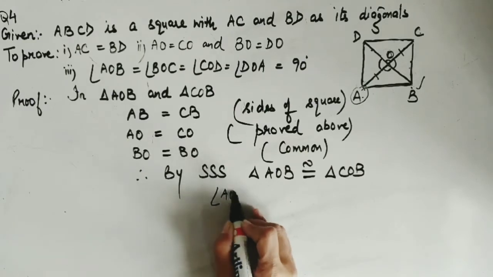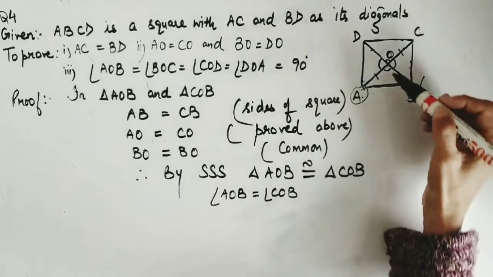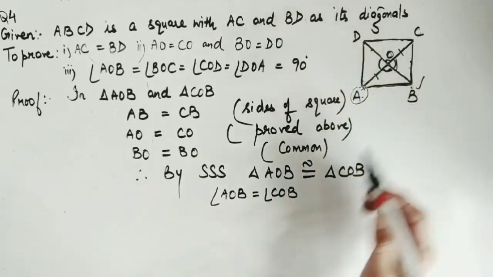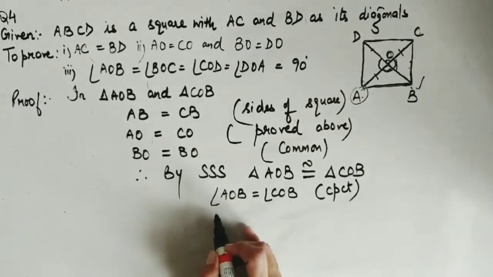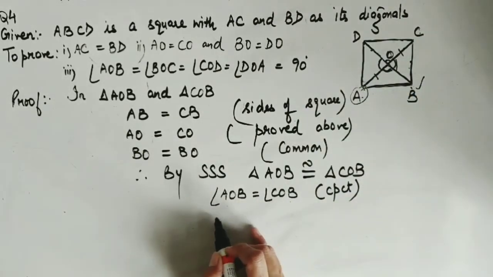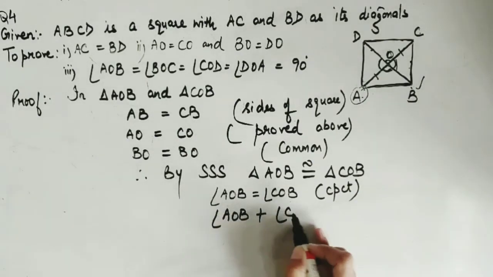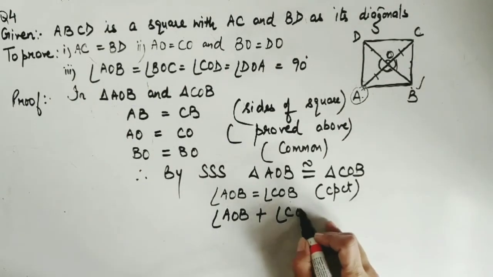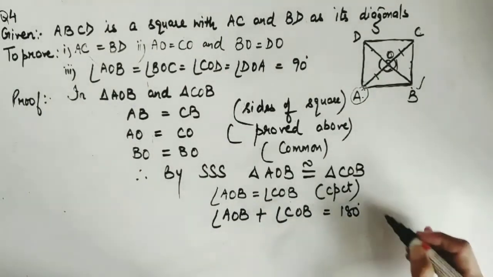This means angle AOB would also be equal to angle COB. By CPCT these angles are equal. Now since AC is a straight line, that means these two angles are adding up to 180. It's a case of linear pair.